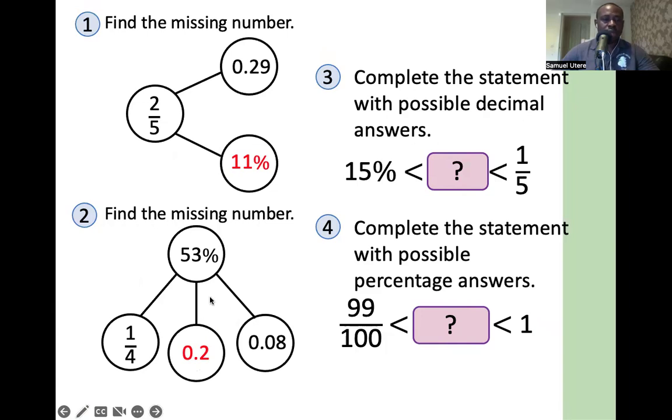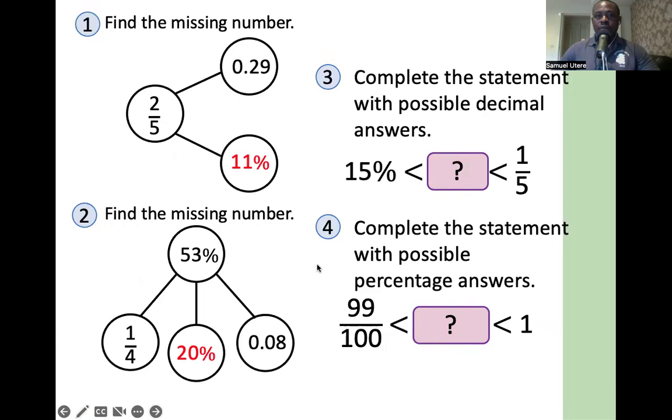Okay, so 53 minus 25 minus 8, which is a bit like saying 53 minus 33. That will be 20. So 20% is 0.2 and it's also 20%.